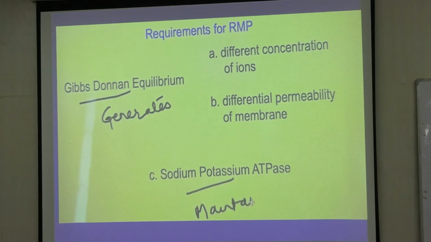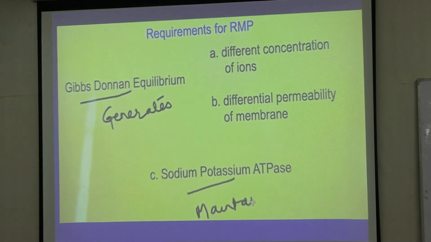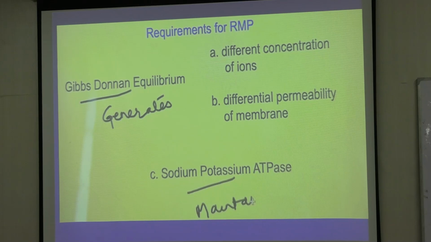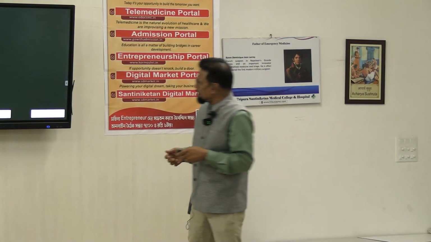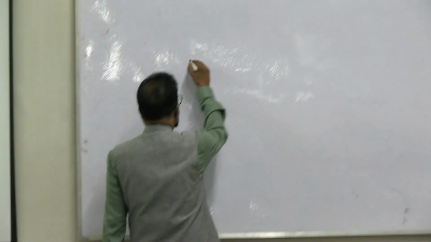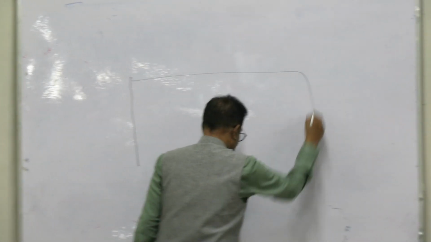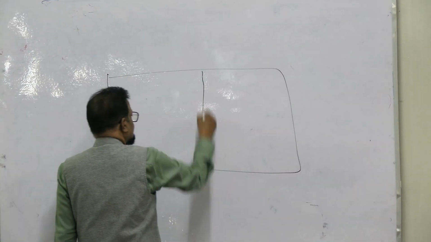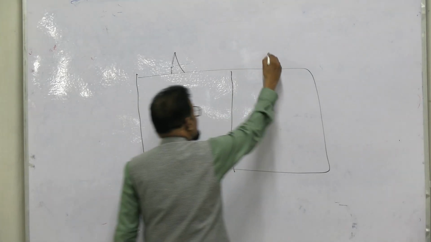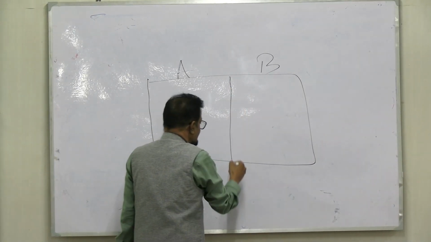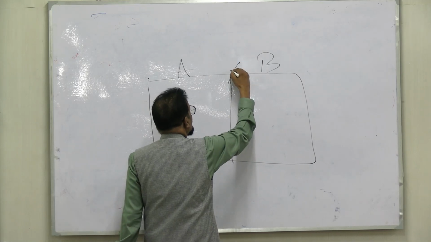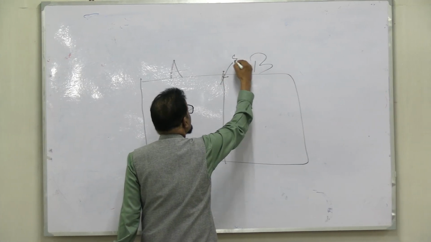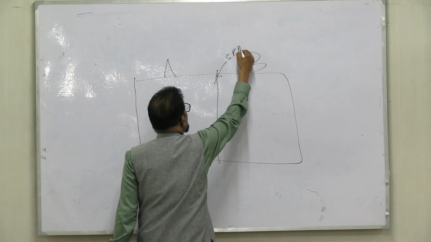What is this equilibrium, the Gibbs-Donnan phenomenon? This phenomenon is: there is side A, side B, and a semi-permeable membrane separating both solutions.